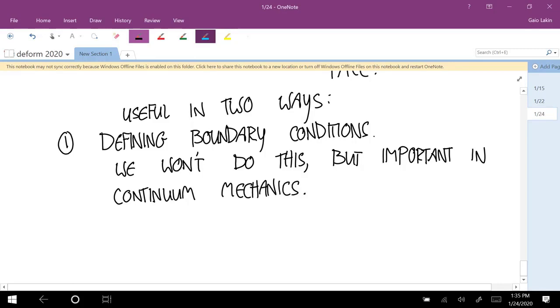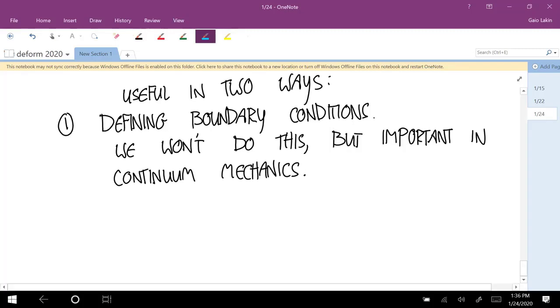The basic way that works is if you have a material and the face over here has some loads on it, and you know the shape of that face, then because of the tractions that are actually acting on that face, there's actual loads that are creating actual tractions. You can use that relationship to put limits on what are possible stresses at the boundary. Okay, you really don't have to know any more than that. You probably don't even have to know that much for now. But the second thing is important to us.